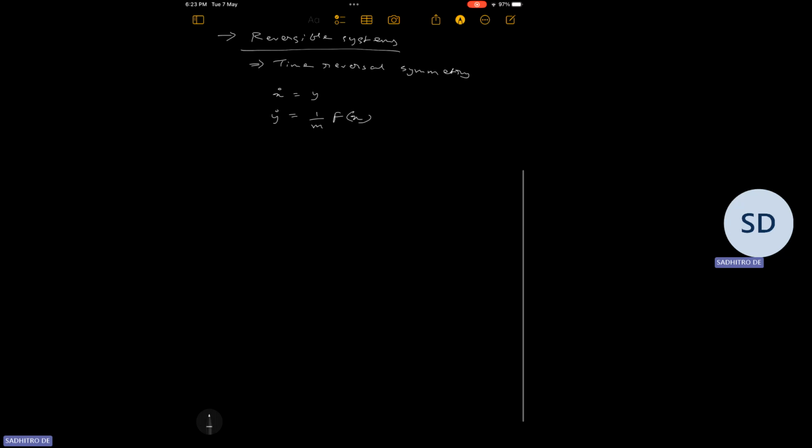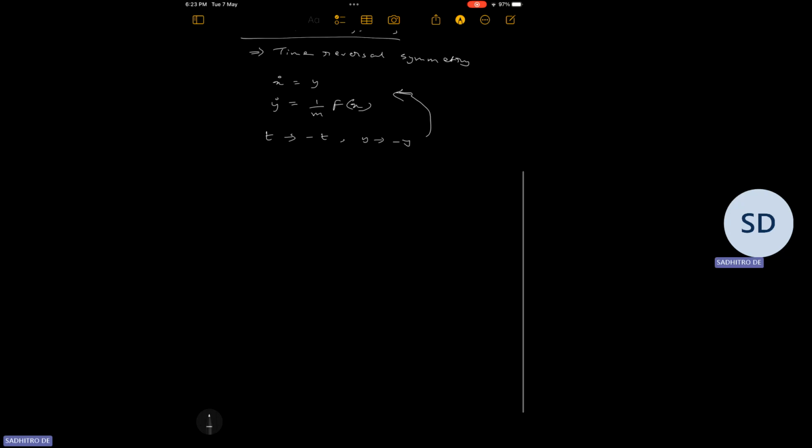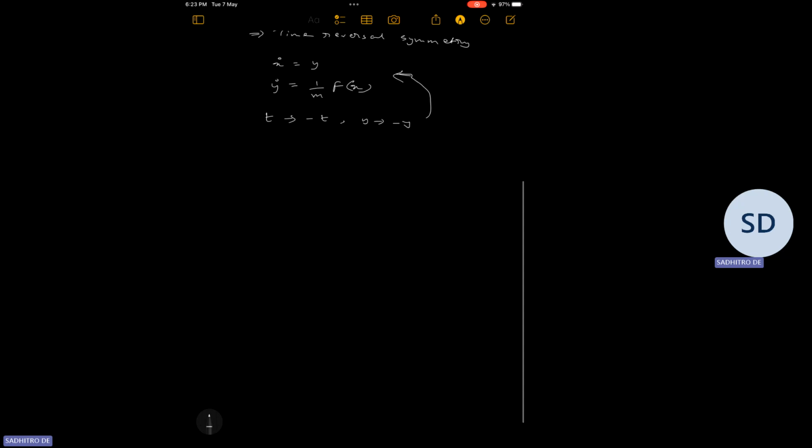Under time reversal, you know that if t goes to minus t, then y goes to minus y. So if you make this change of variables and plug this into this equation, you would see that the system remains unchanged, right? This basically means that every trajectory has a twin, and they differ from each other by a reflection in the x-axis.